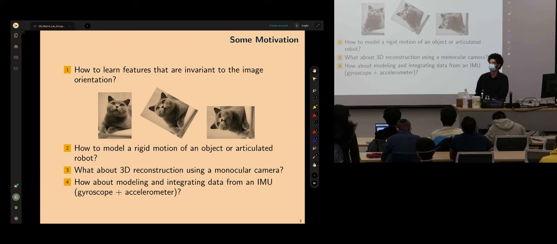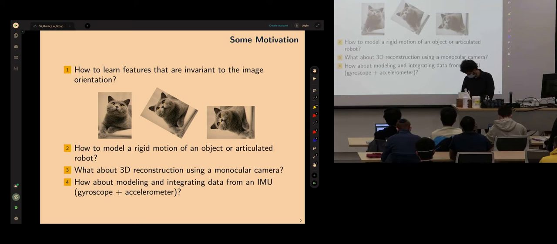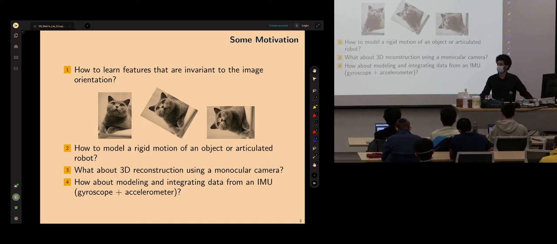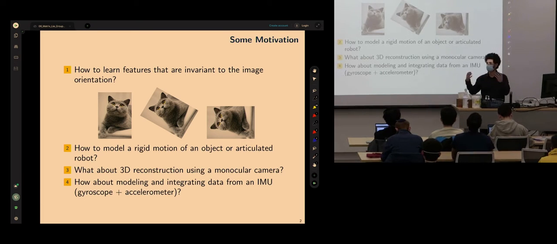Now, what is it that makes it so easy for us to be agnostic to the rotation, the 2D rotation of this image? And why is it so difficult for a computer, so that people need to do, and this particular example is related to deep learning and machine learning, data augmentation, considering all different orientations of the image to expand your data set.